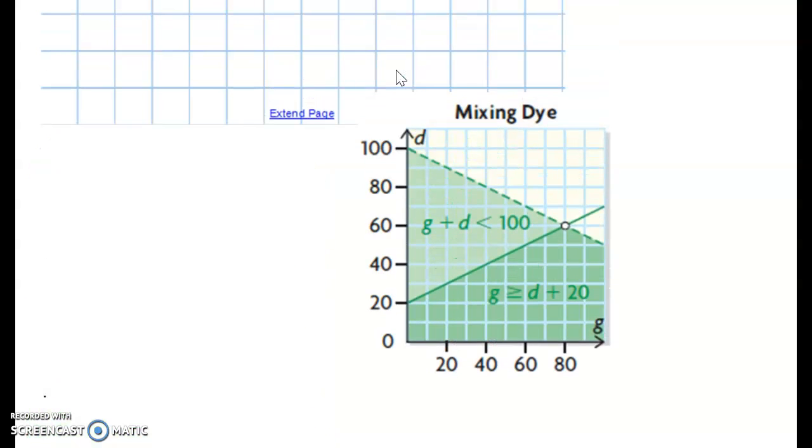When we graph this, you can see the solution region for this dashed equation is here. And you can see then the solution region for the solid graph is down here.